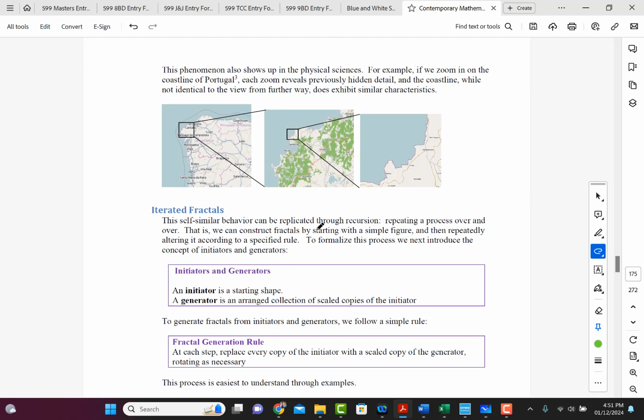This phenomenon also shows up in the physical sciences. For example, if we zoom in on the coastline of Portugal, each zoom reveals previously hidden details, and the coastline, while not identical to the view from further away, does exhibit similar characteristics.